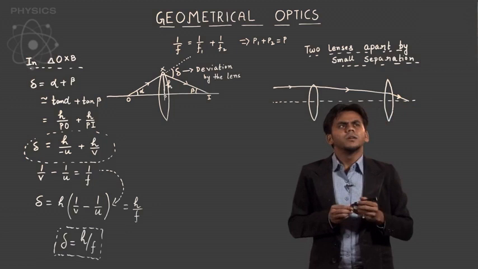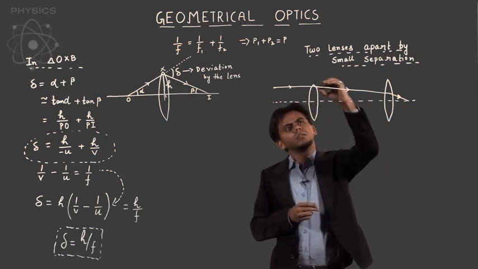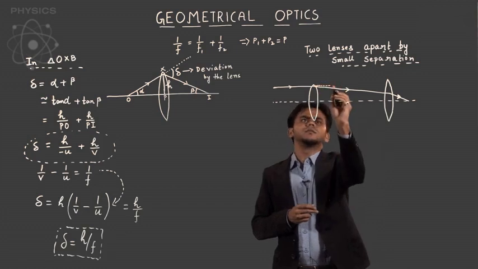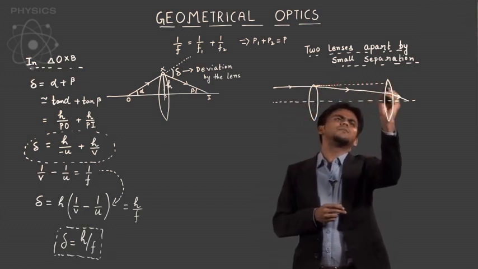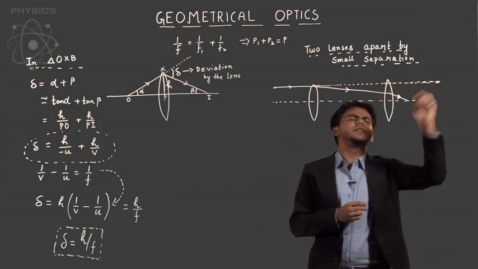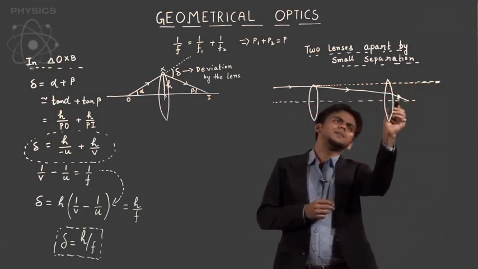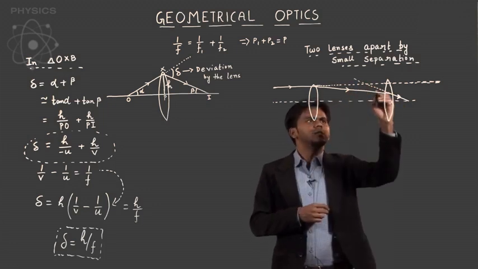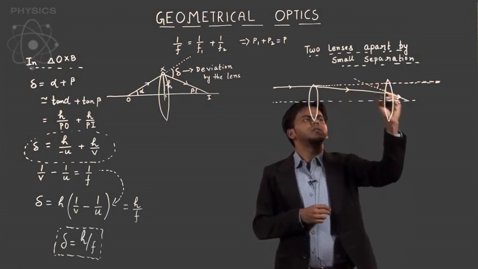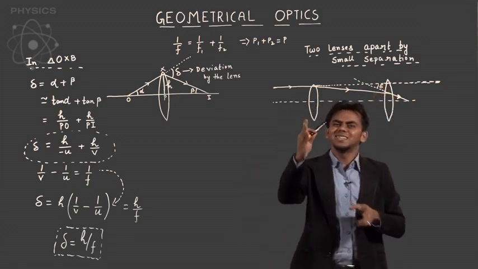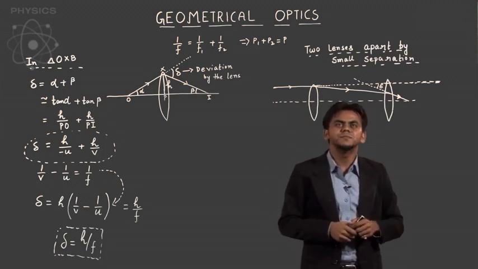Right? Now, if I produce this forward, this should have been the path of my unrefracted ray, but this is my final ray. So this is your delta, or the actual deviation produced by these two lenses.